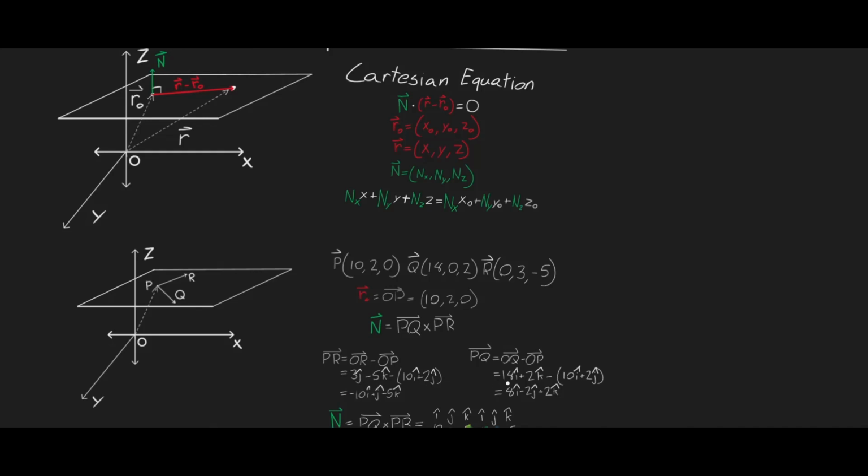And then you get these two vectors. So with these two vectors, we're going to find n, and R0 is going to be OP, which is going to be our starting point. So 10, 2, 0 is going to be our starting point. And we're going to use these two vectors to find n.